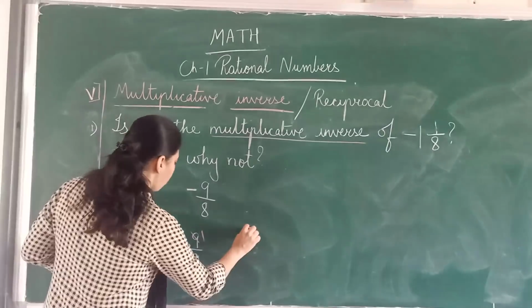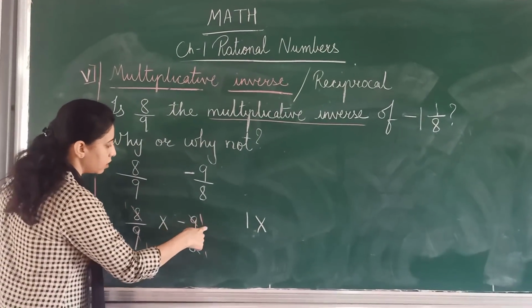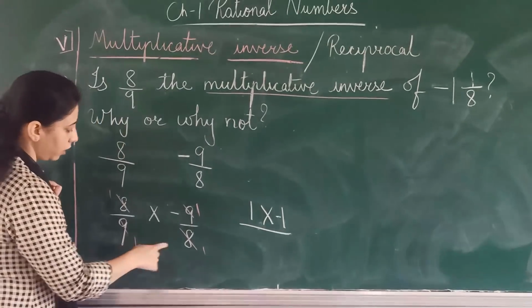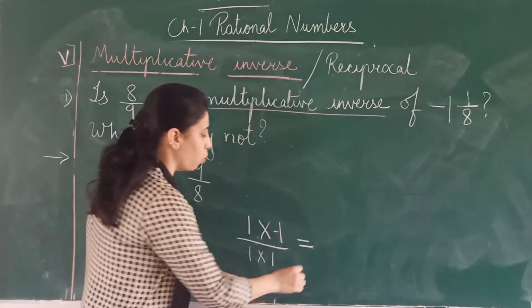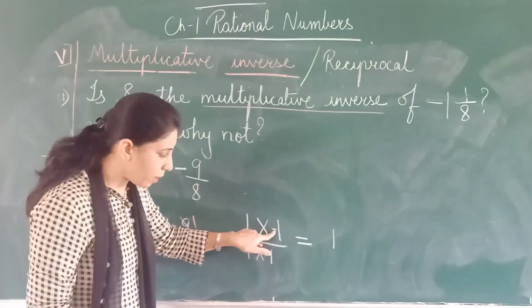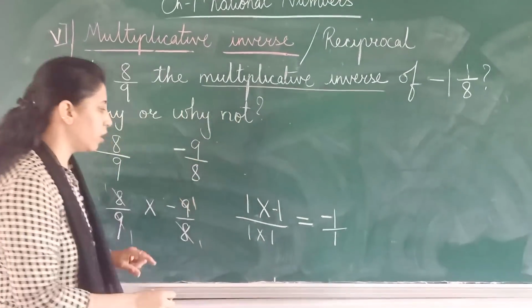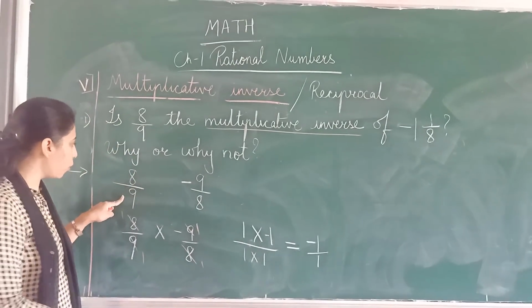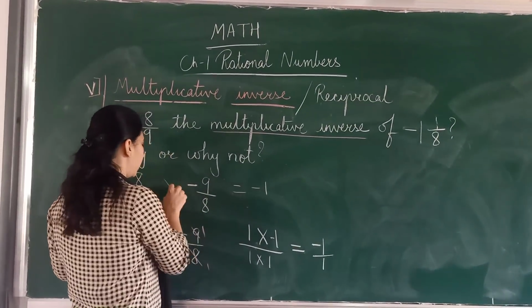Now 1 into this one multiplied by minus 1 upon 1 into 1. So your answer is what? 1 ones are 1, but plus into minus becomes minus upon 1. So your answer is minus 1. Now when you multiply 8 upon 9 into minus 9 upon 8, you get the answer minus 1.